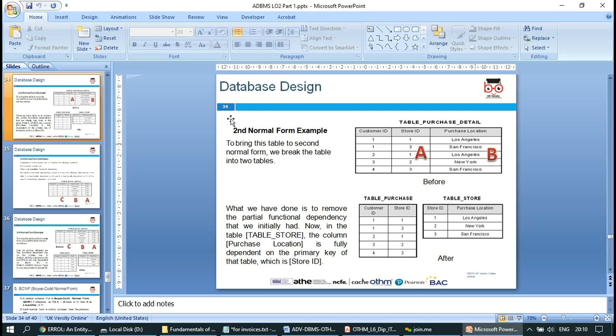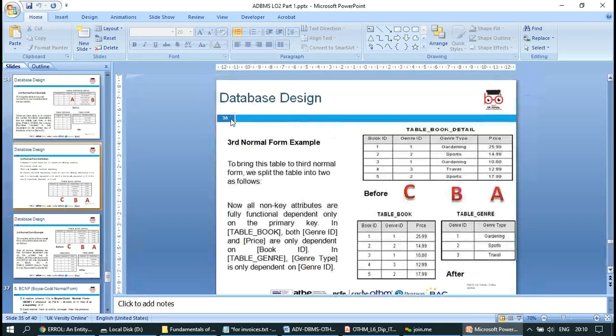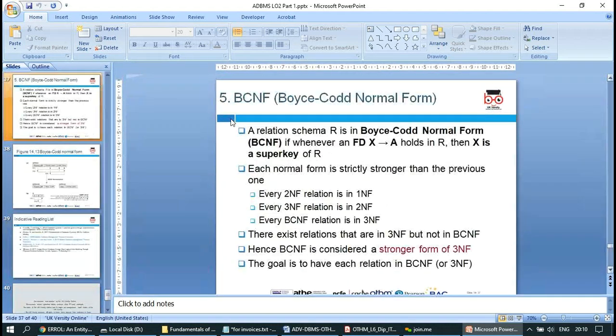That's why the location was dependent on the store. However, in the third normal form, the price was dependent on the type of the book, and the type of book got the ID. So simply the price was dependent on genre, and they reduced these two columns into one.